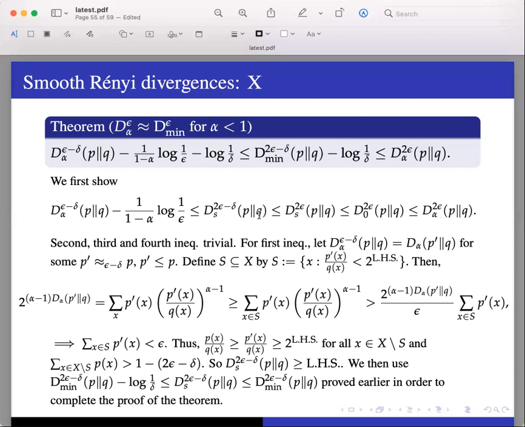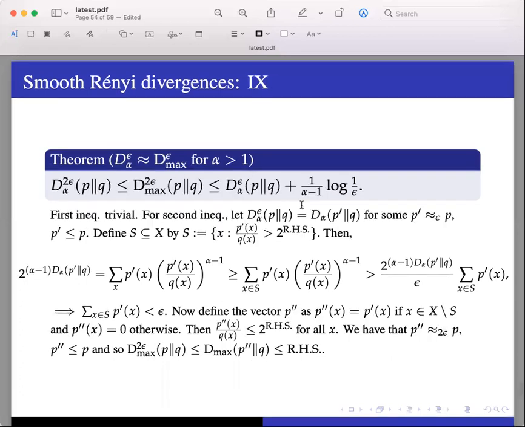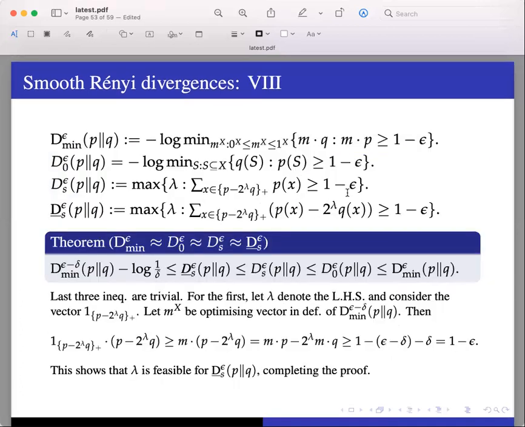This is trivial because here the error parameter was 2 epsilon minus delta. Here the error parameter is larger. So if the error parameter is larger, then I can use a larger threshold. So let's come back to D epsilon. If I increase epsilon out here, if I increase the error parameter, then I can squeeze in more x's into the plus set.